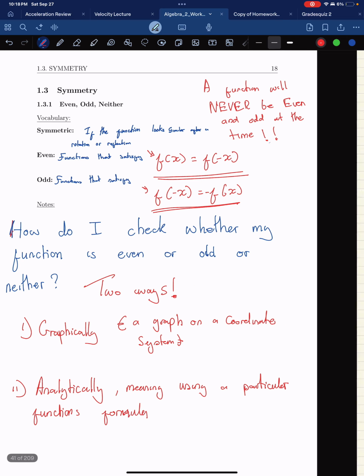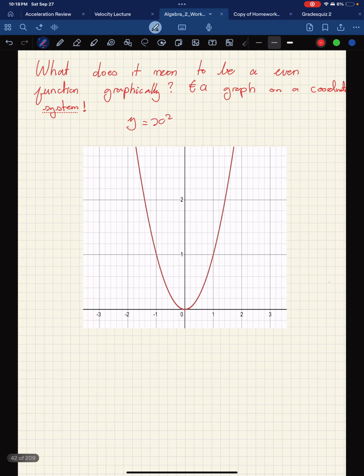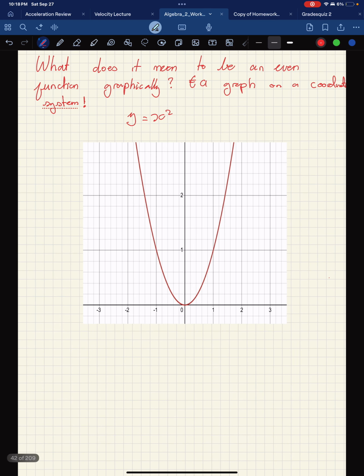Awesome. Anyway, so what does it mean to be an even function graphically, you know? That's a very good question to ask. So I'm going to put the condition of our even function here.